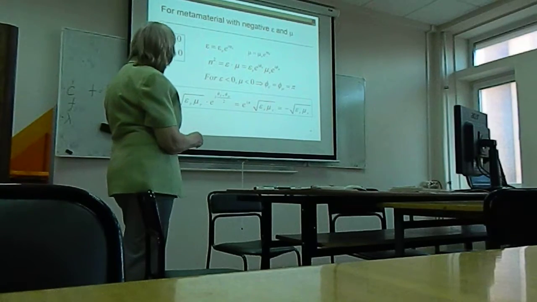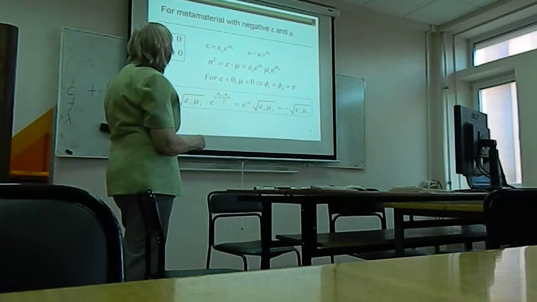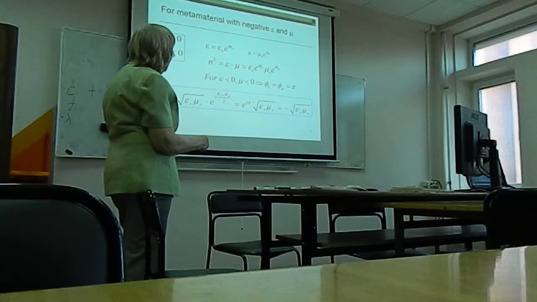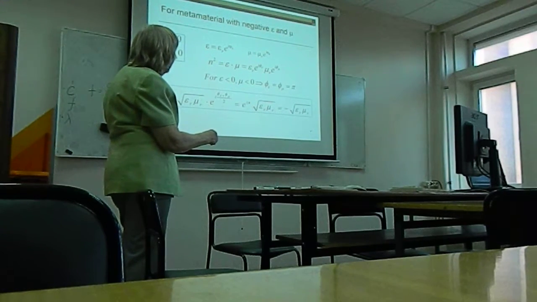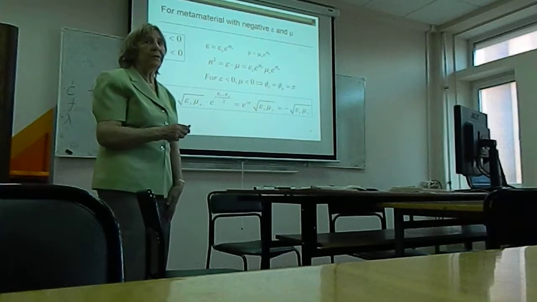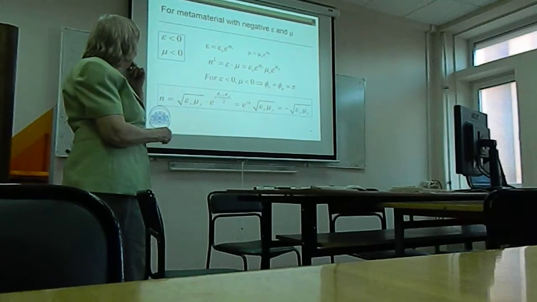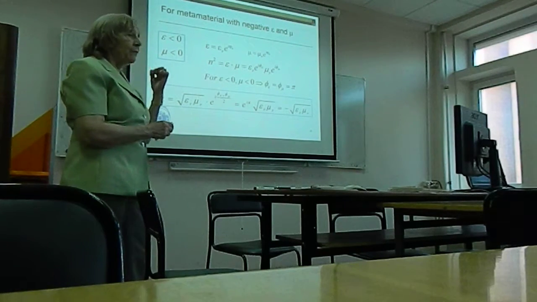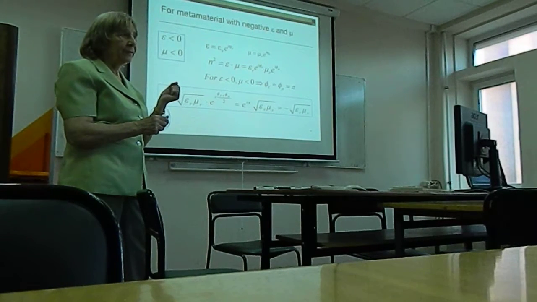If epsilon is negative and mu is negative, then we can present this parameter by amplitude and phase of this value. In general, this parameter is complex, which has a real part and an imaginary part.